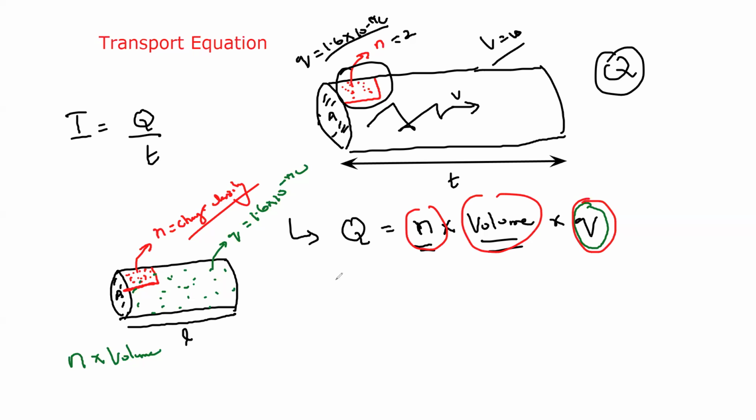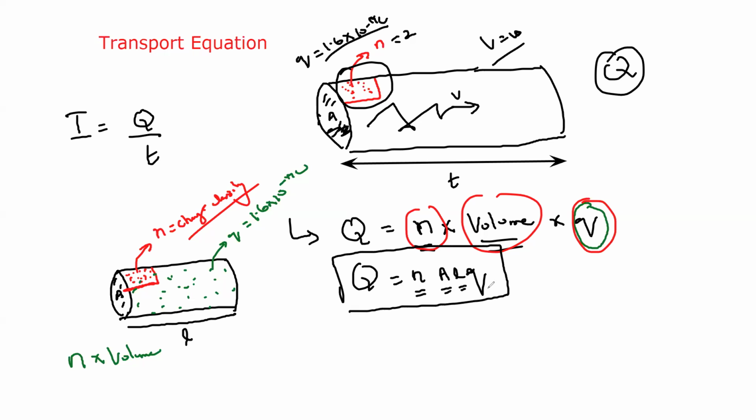So we got the total charge present in this wire. If we simplify this equation, Q is equal to N times the volume, and the volume is area multiplied by length, because the cylinder has an area of A and length L, times q. So the total charge present in the wire is given by the charge density times area times length times the charge of one electron. Is it clear?